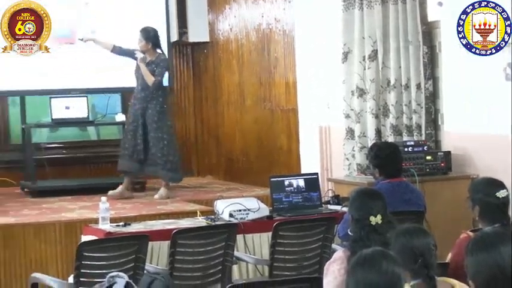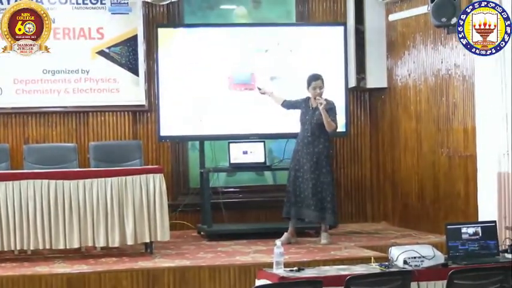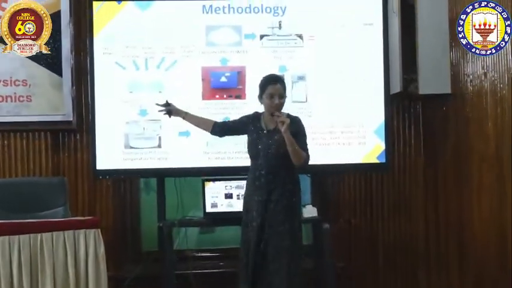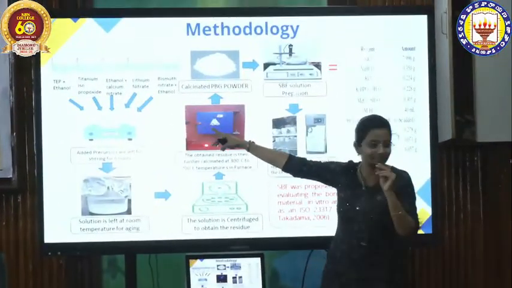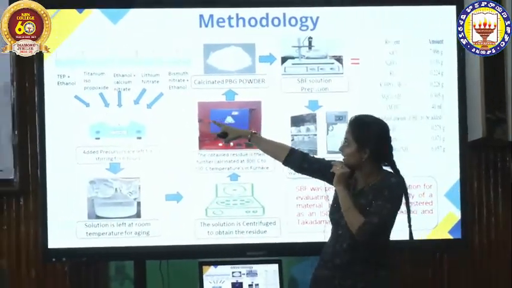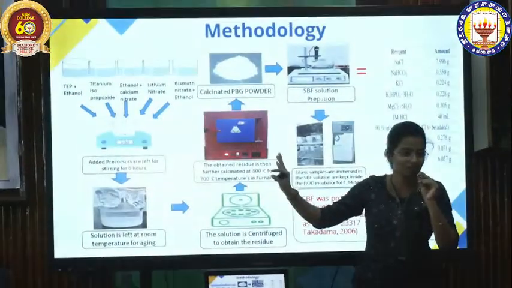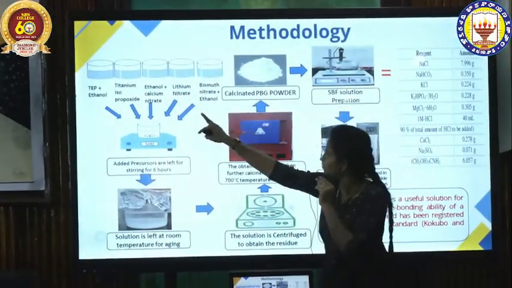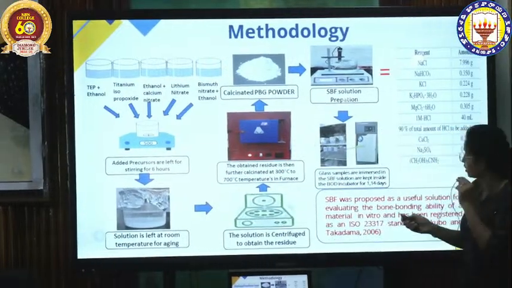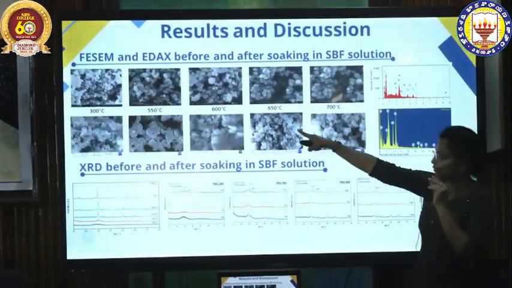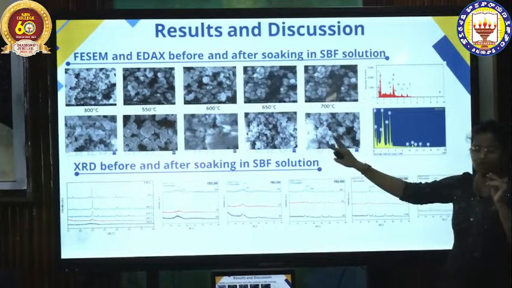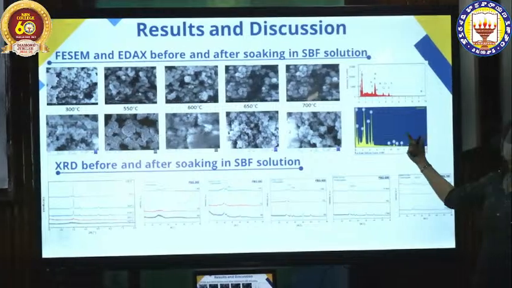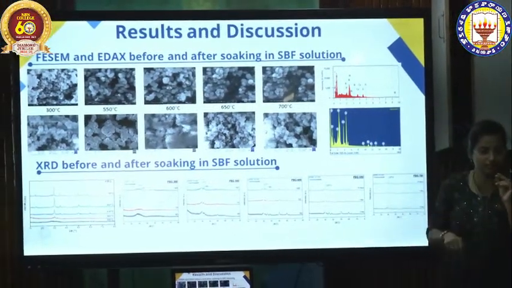EDAX. Okay. Suppose the precursors which I have used have elements. Like in P2O5 we have phosphate. This is having titanium. This is having calcium, lithium and bismuth. So we have 5 elements: 1, 2, 3, 4, 5. After doing the SEM analysis, this will concentrate at one particular state, and that will give what are the components present in that particular area.